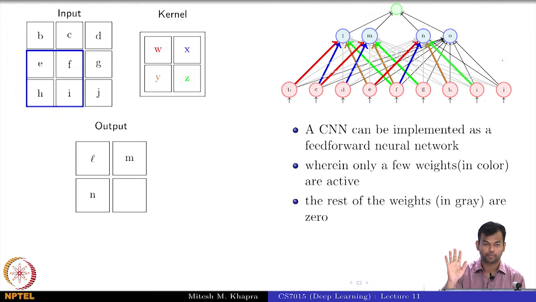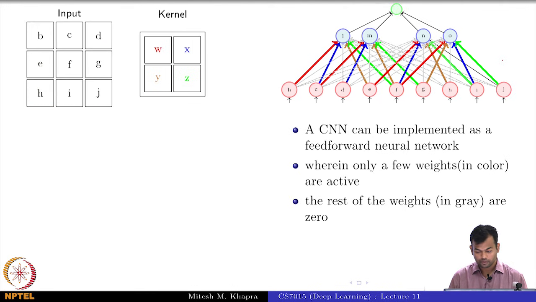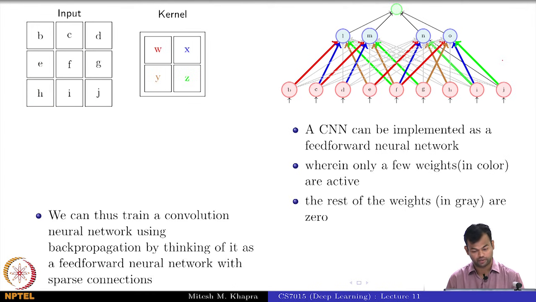You just need to write the forward propagation. That means you just need to write convolution operations and you don't need to worry about how the derivatives will be computed. But what I want you to understand is that conceptually it's the same. You still use the same backpropagation algorithm to train a convolutional neural network also. Everyone is fine with this? Okay. So now we know how to train a convolutional neural network also.